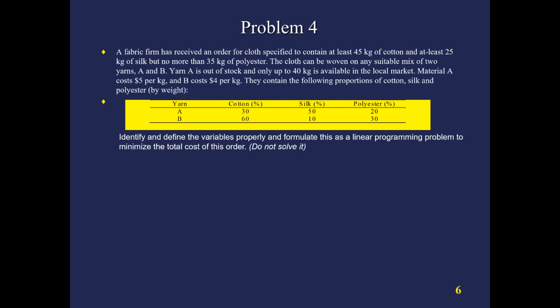The question is, identify and define the variables properly and formulate this as a linear programming problem to minimize the total cost of this order. Minimize. Now we will see what are our decision variables. Now the decision variables are not cotton, silk or polyester. Please note that.